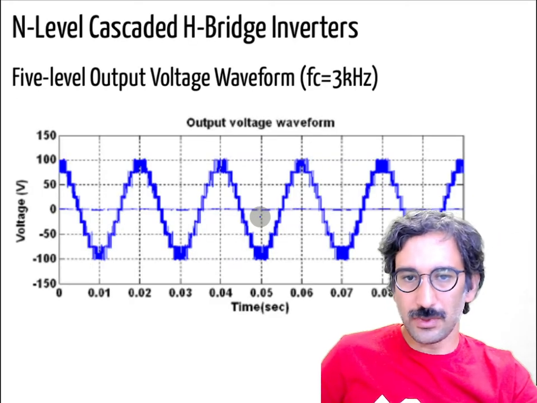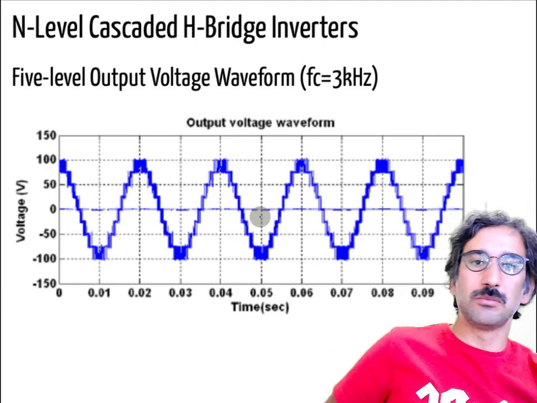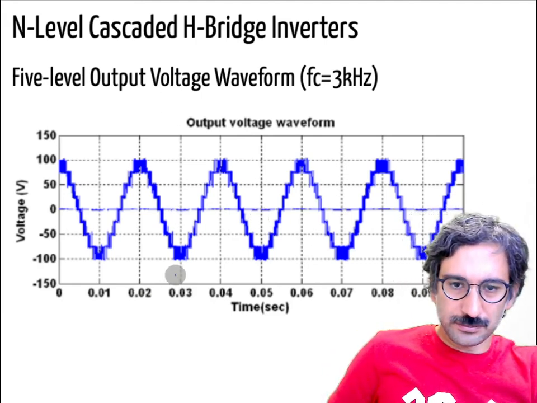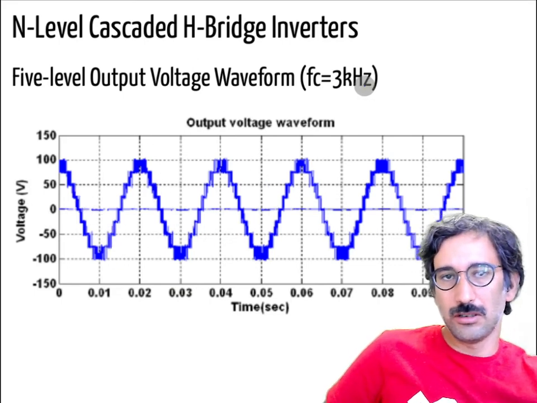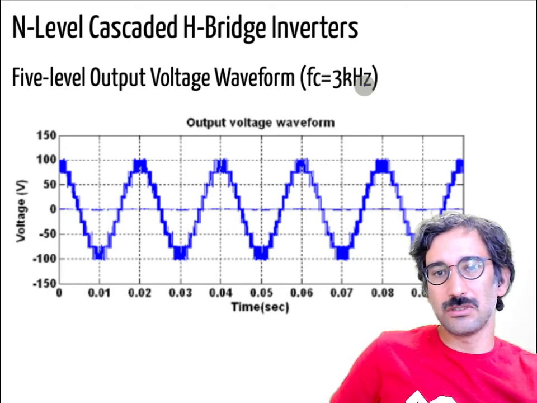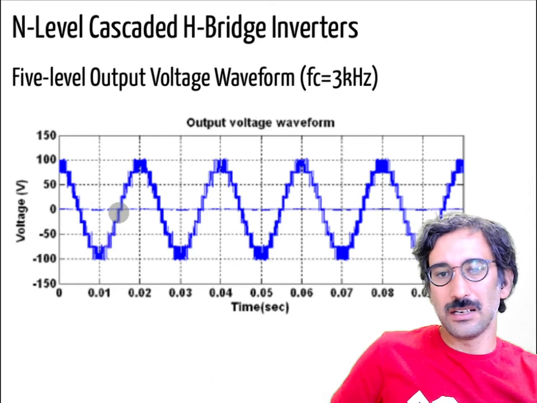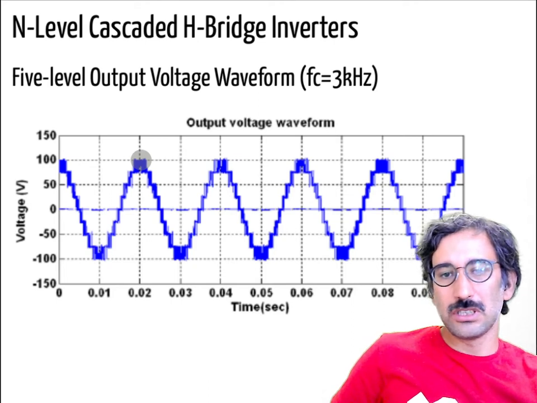Cool. So here you see a more realistic voltage output. Here we generate a 50 Hz signal, and our carrier is at 3 kHz. 3 kHz is normally not a really high frequency, but as we have 5 H-bridges, I can generate 1, 2, 3, 4, 5, 6, 7, 8, 9, 10, 11 voltage levels.